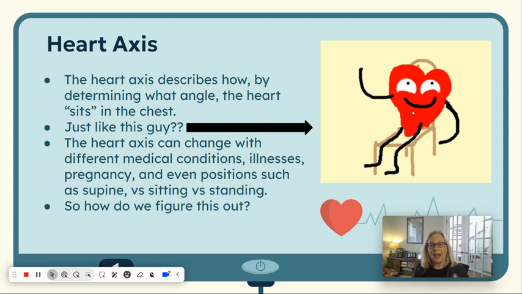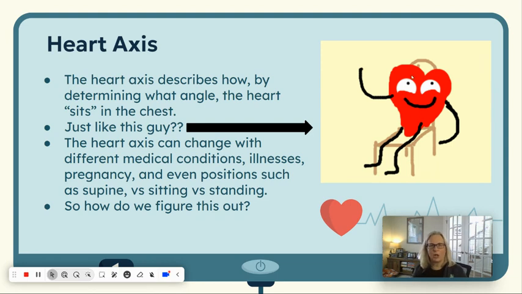Once you lie down flat, things spread out a little, and the heart axis can change that way too. So we're actually going to take EKGs when we do stress testing later in this program. We do take resting EKGs in a couple of different positions so that we can see the different angle of their heart axis.